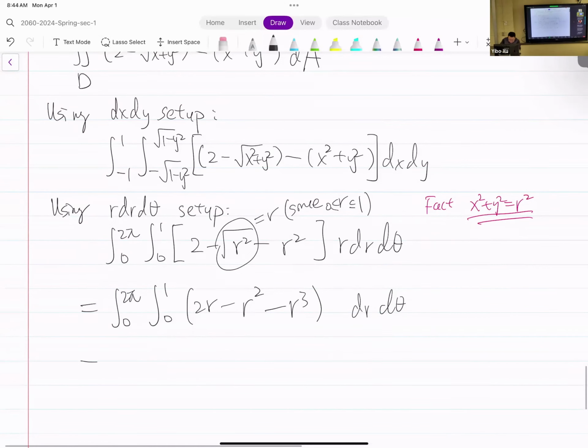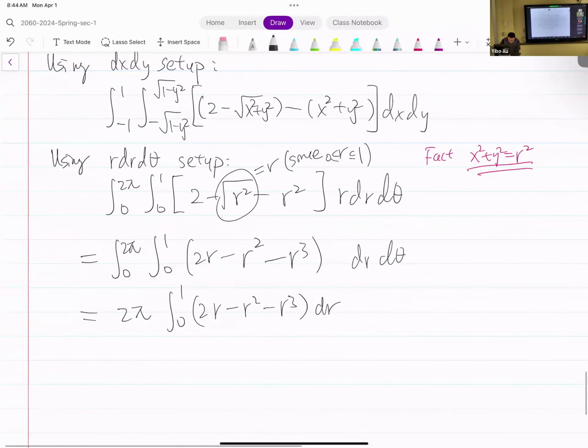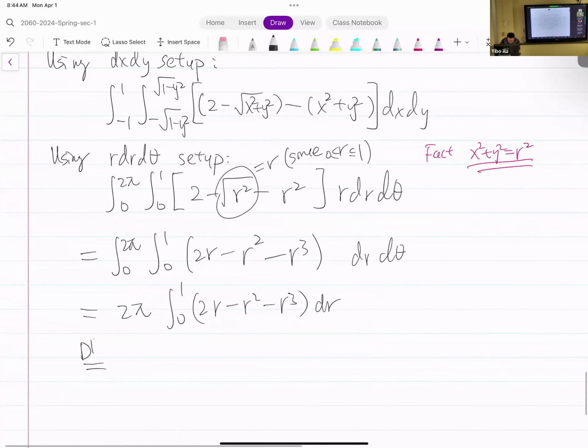So this is exactly 2 pi multiplying the integral that you have on the inner part. With some calculations that are not hard to check, this is just an integral of a polynomial, right? So you should get 5 pi over 6. That's the answer.